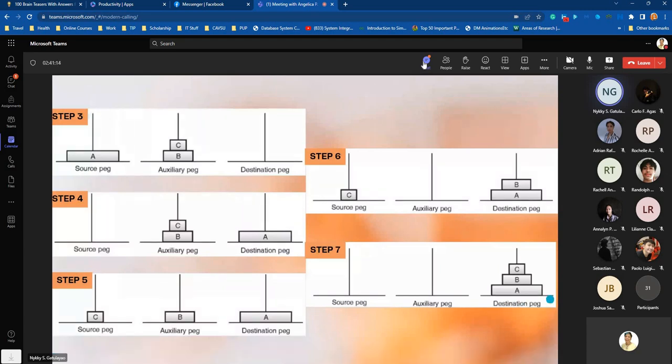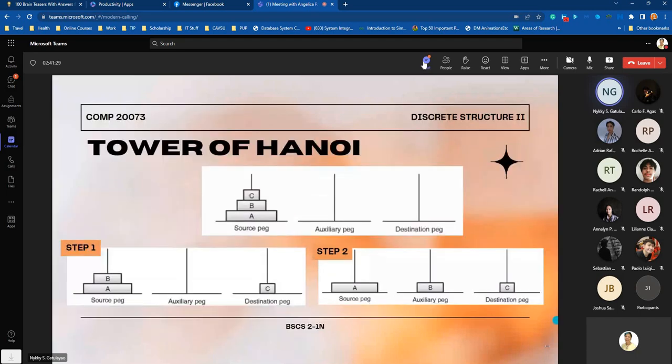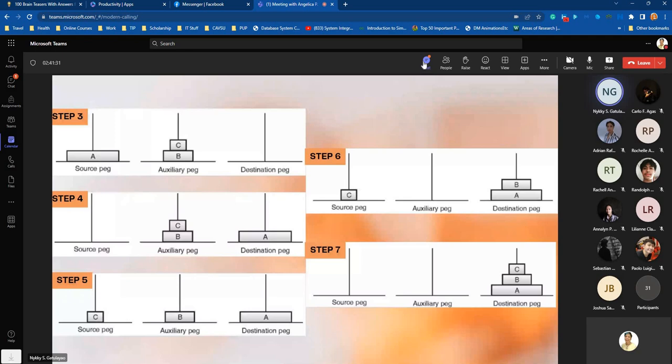Begin with n disks on peg 1. We can transfer the top n-1 disks, following the rules of the puzzle, to peg 3 using h sub n-1 moves, katulad nung sa step 2. We keep the largest disk fixed during this move. Then, we use one move to transfer the largest disk to the second peg.